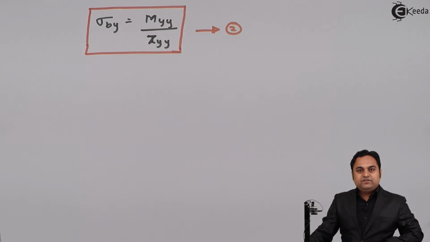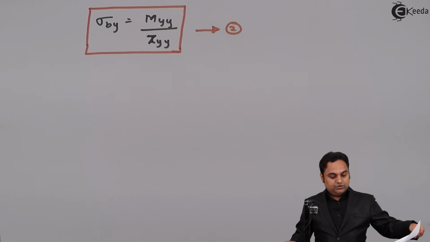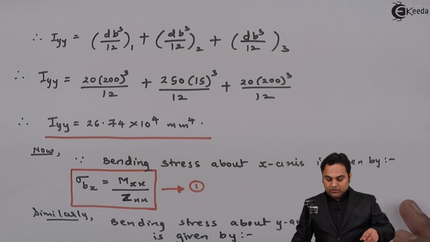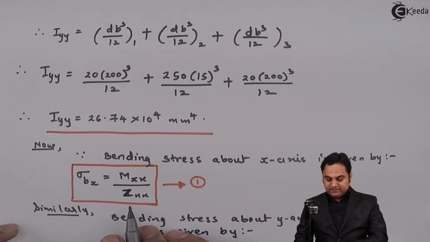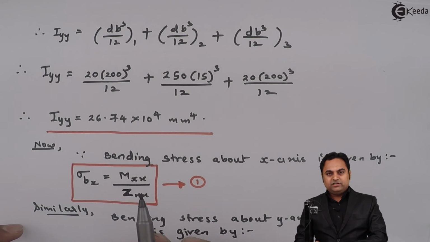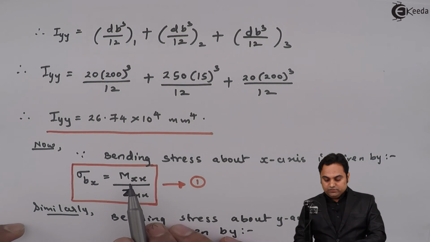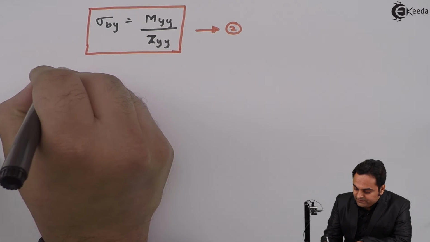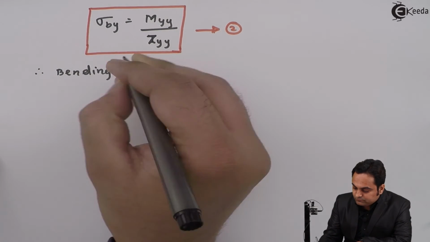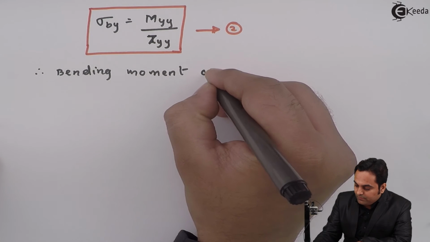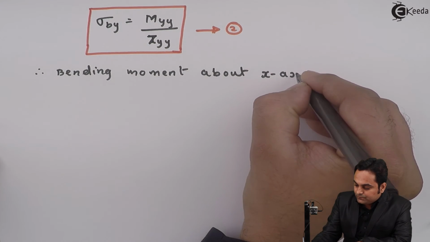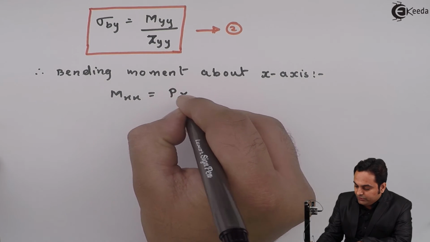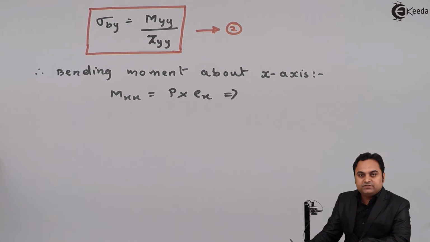Now as we see in both equation 1 and equation 2, here we want the value of Zxx and even Mxx, and similarly Myy, Zyy. So first I'll calculate Mxx, that is bending moment about x-axis, that is Mxx is equal to load into eccentricity with respect to x-axis.